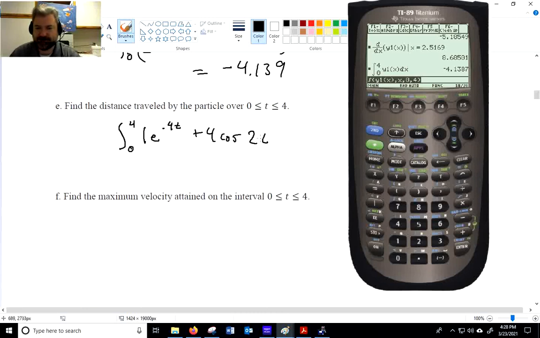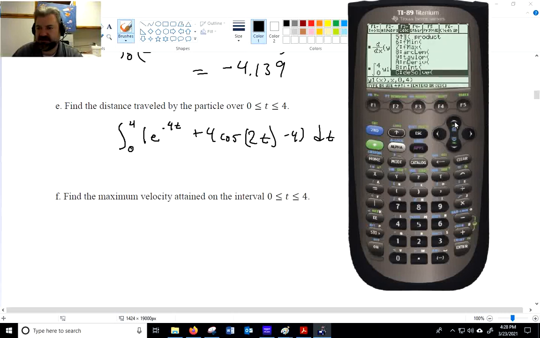All right, so I can do that here as well, but we really should use a numeric integrate. So I'm going to say F3, and it's down here at the bottom. So I press up, it comes back to it quickly. Numeric integrate, then we have to say second 5 for the math menu, number, absolute value. So I'm taking the absolute value of this function.